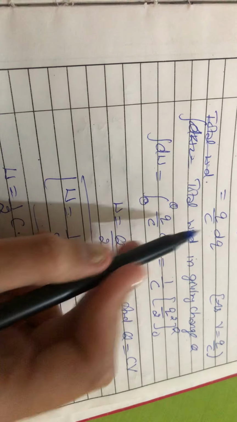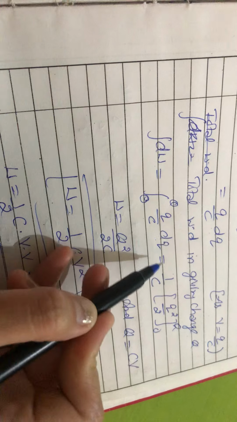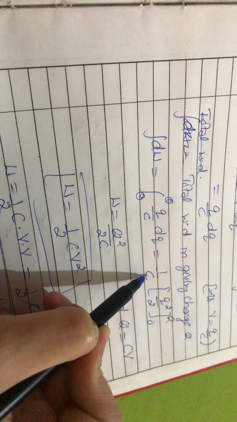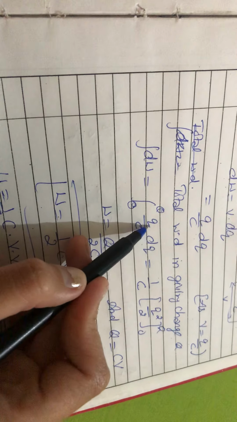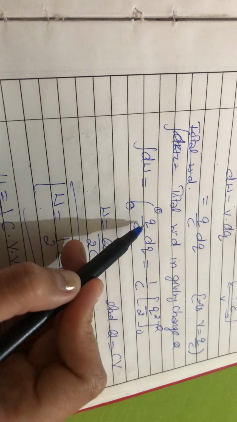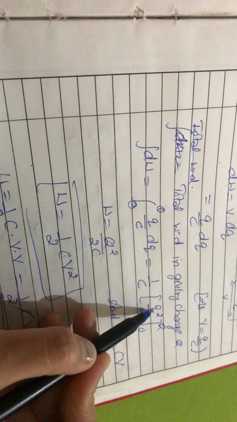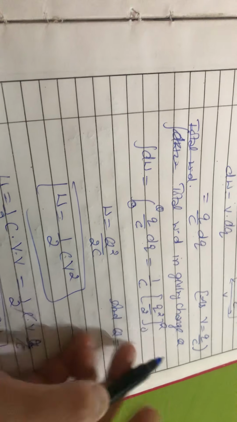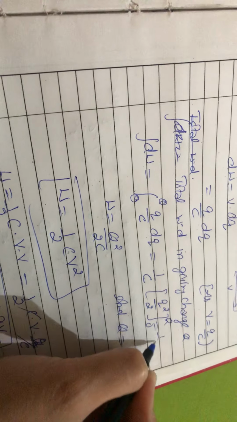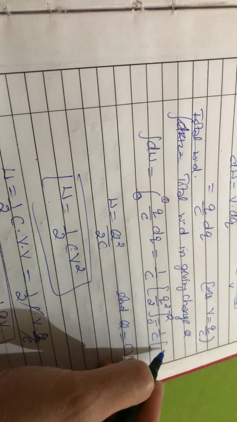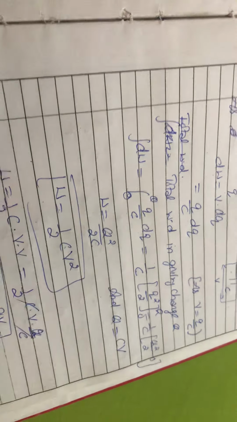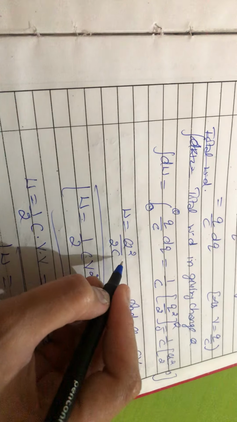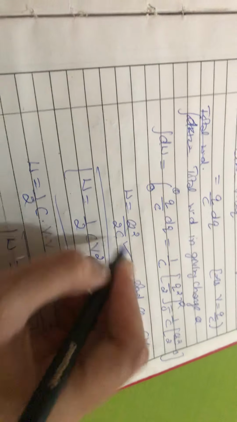So it will be the integral of Q upon C dq. Now 1 upon C can be taken out because it is a constant for every capacitor. So the integral of Q dq is Q square upon 2, from 0 to Q. So we put the upper limit minus the lower limit. The upper limit is Q square by 2 and the lower limit will be 0. So the work done will be Q square upon 2C.